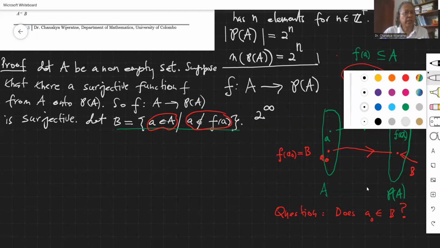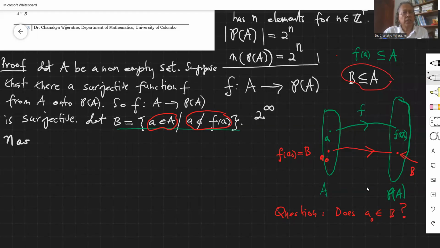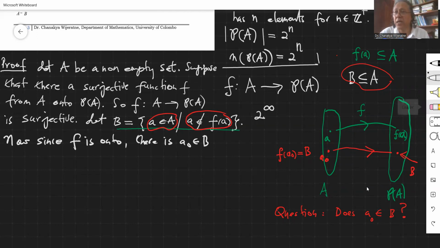So now we have to say that since f is onto, there is a naught belonging to A, right? Let's erase it.